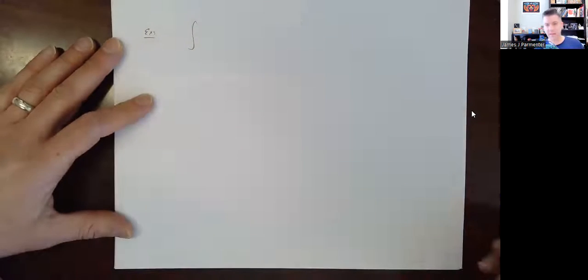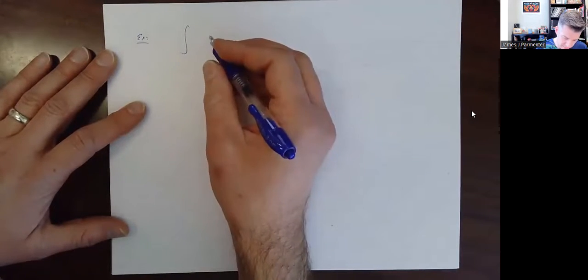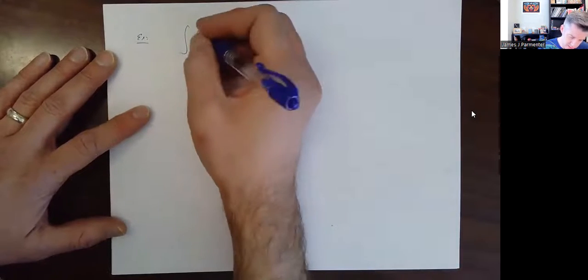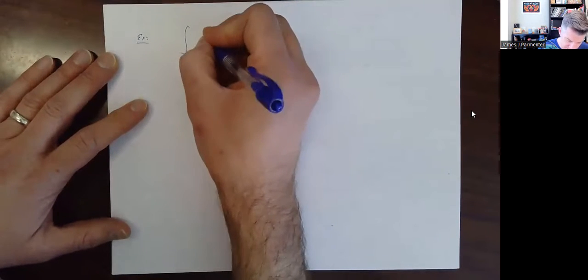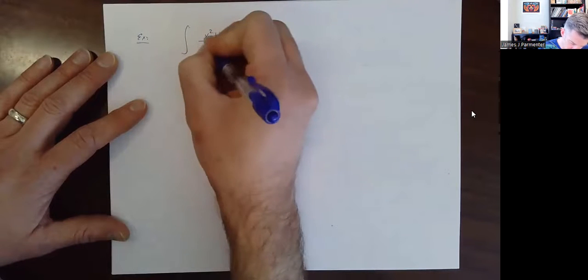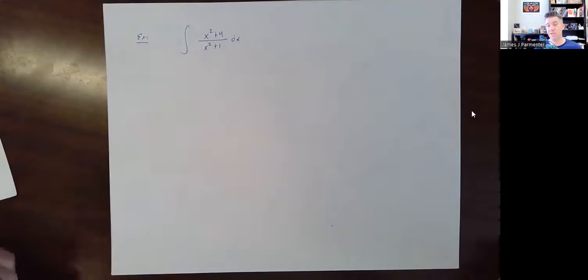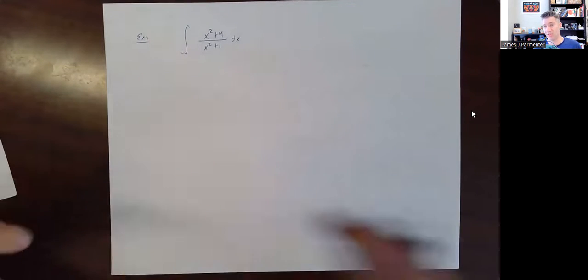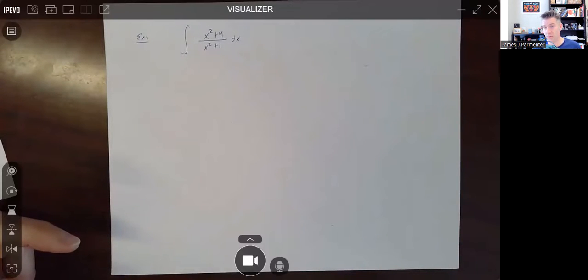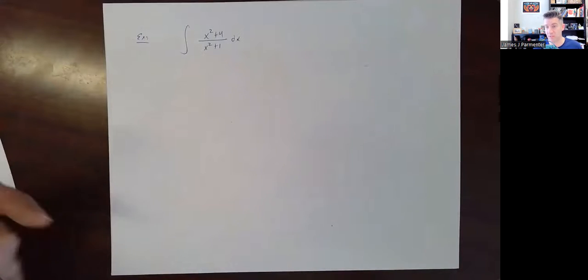the integral of, and I'm going to make it not too terrible here, something kind of obvious-ish. Here's a pretty common example: the integral of x squared plus 4 over x squared plus 1. People usually do this using a trick, but the more general, safe way of always doing this is long division.